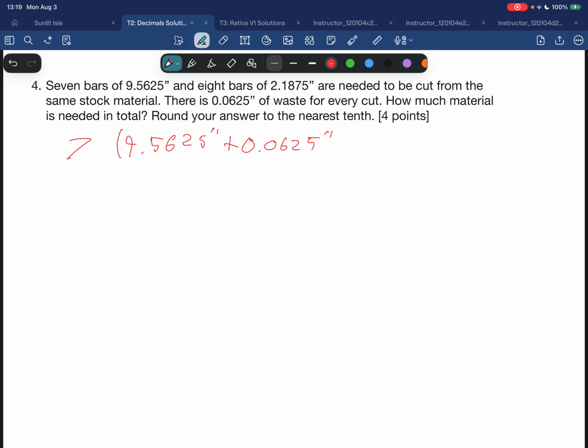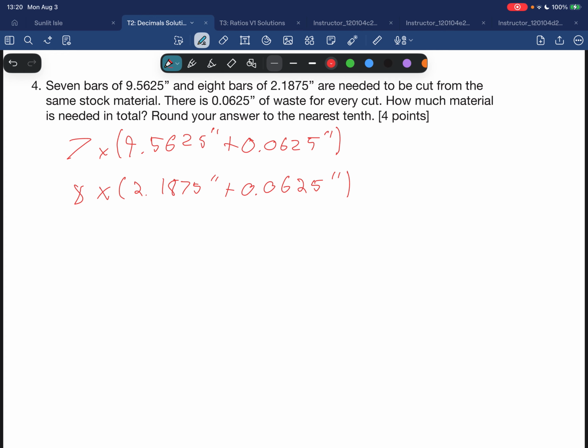I'm going to put brackets around this and say that this is 7 times this bracket, because everything in the bracket tells you how much you need for the bar plus how much you need for waste, and I need 7 of those, so I multiply it by 7. I'm going to do the exact same thing for the other bars, so 8 times 2.1875. The waste is the same for everything. We were told that it's the same for every cut, so it's the same for the 7 bars and the 8 bars.